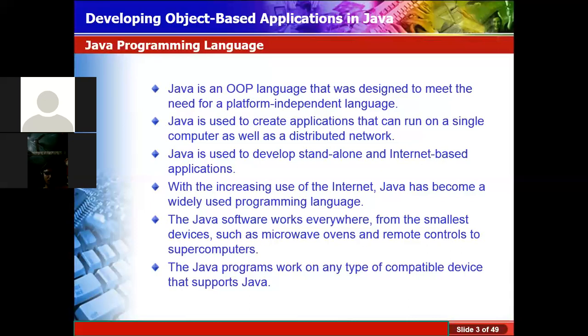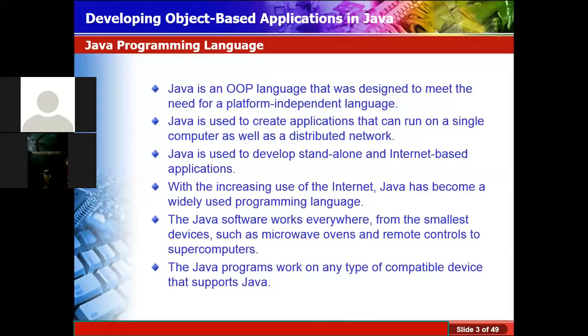With the increasing use of the internet, Java has become a widely used programming language. So everywhere the Java language is used. Java is used for creating desktop applications, intranet applications which are used in an organization, or web applications, meaning it is accessed everywhere.